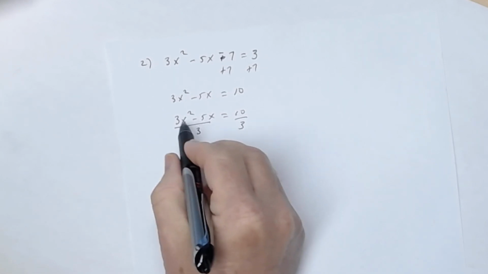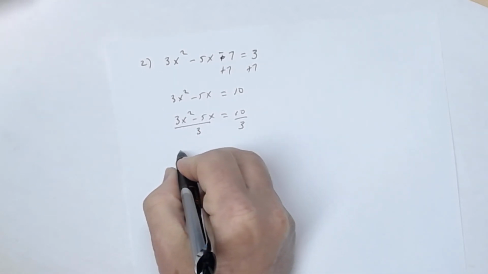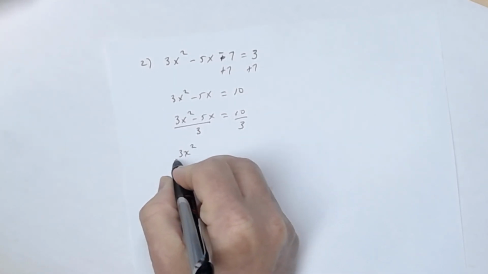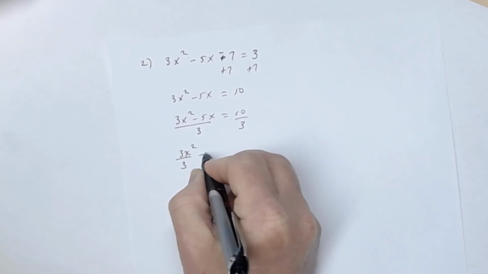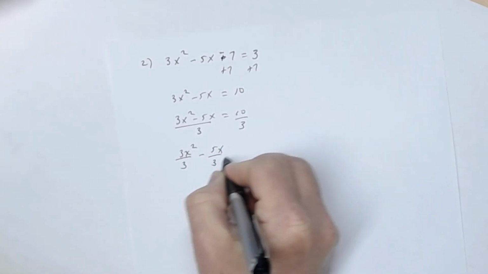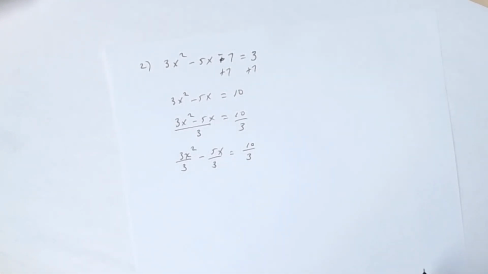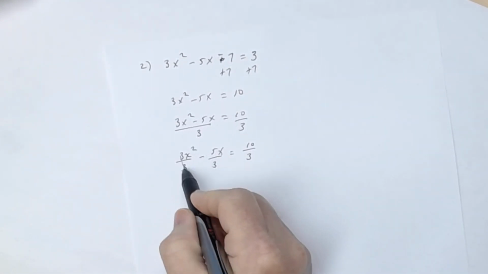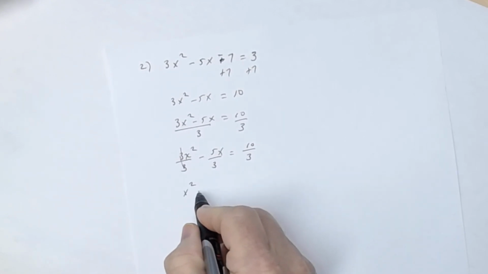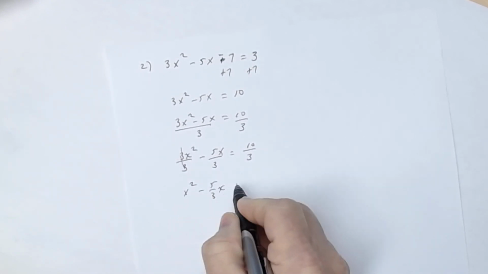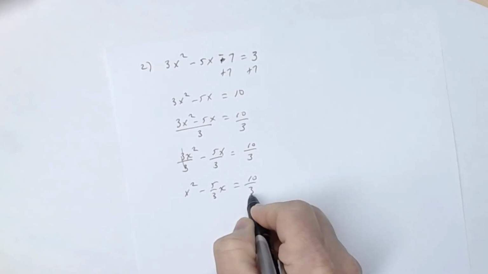And then I'm going to split it into separate fractions just so you understand what's happening. So 3x squared has to be divided by 3. A negative 5x has to be divided by 3. And 10 has to be divided by 3. And so now 3 divided by 3 is 1. So we get x squared minus 5/3 x equals 10 thirds.